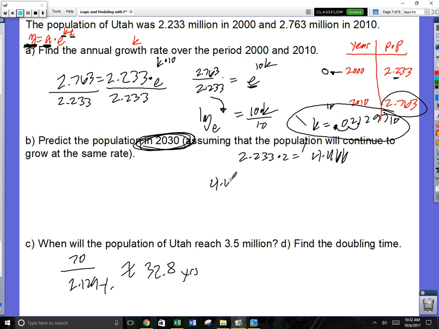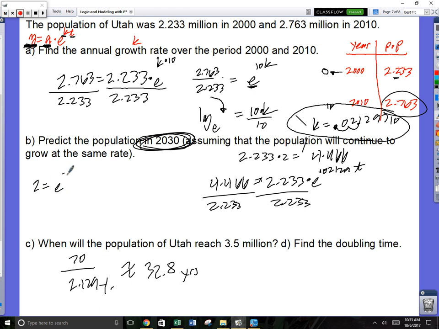So 4.466 equals my initial value, 2.233, times e to the 0.02129t. So let's solve it. Let's divide by 2.233, and that should just be 2. So now we've got 2 equals e to the 0.02129t.